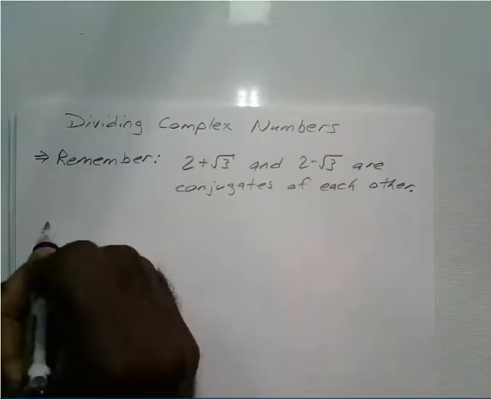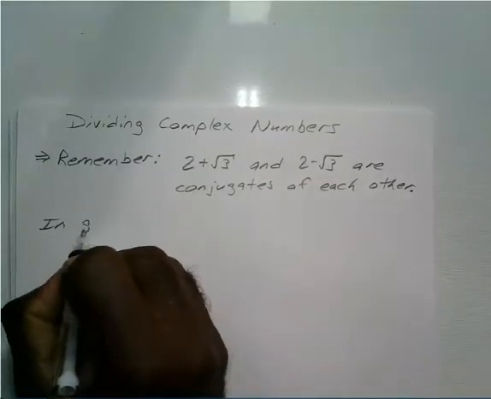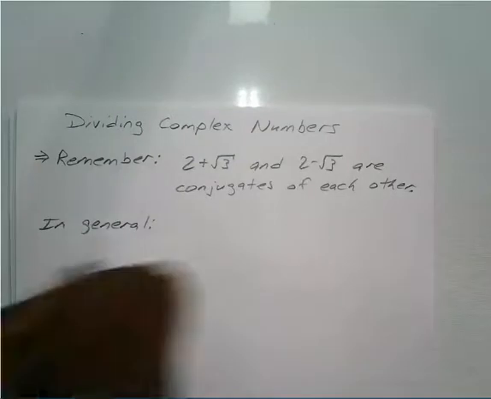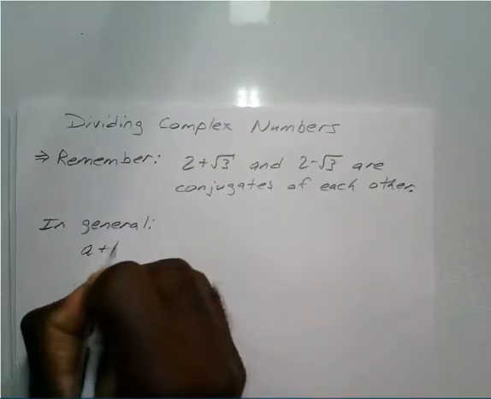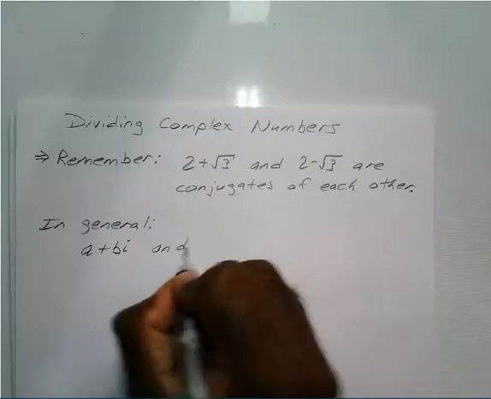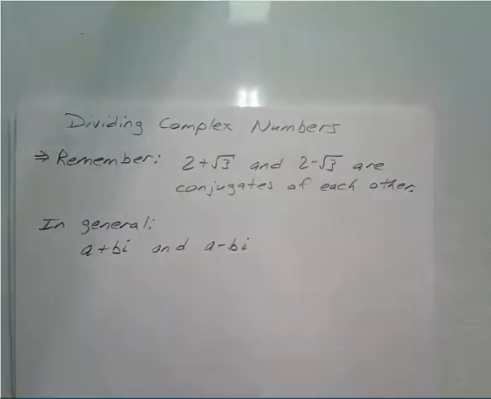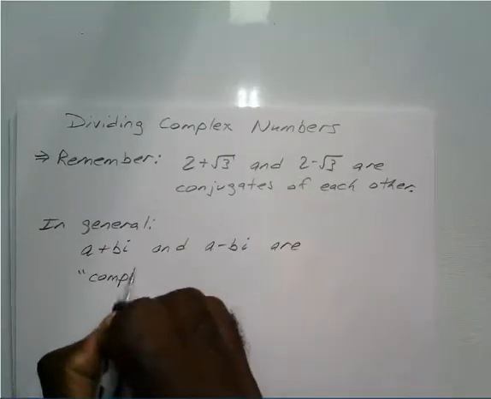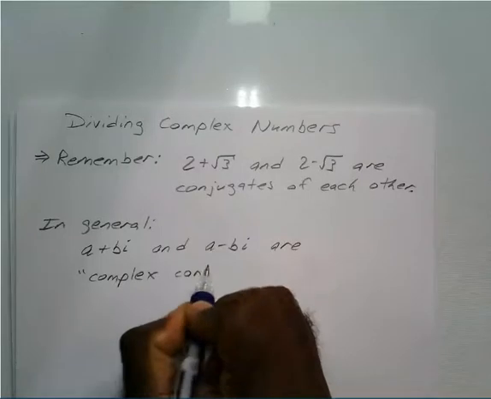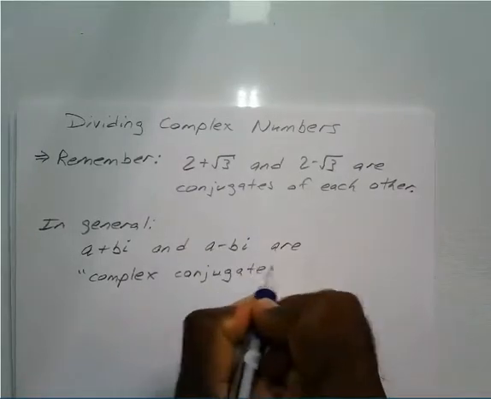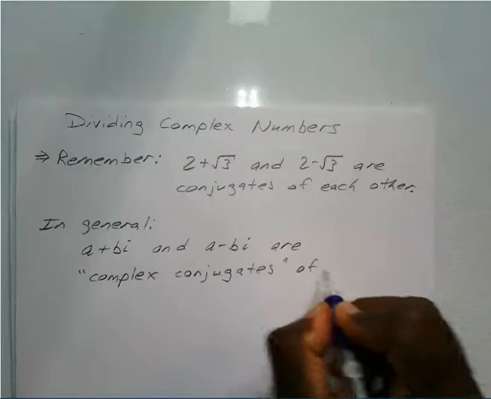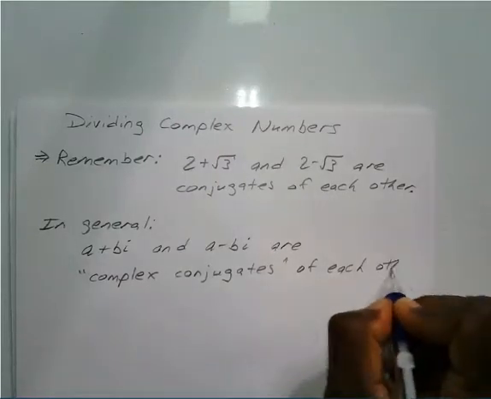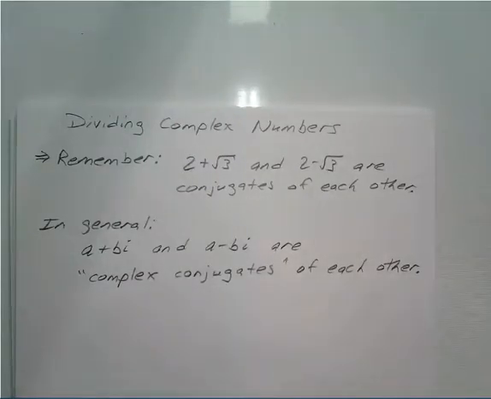Now with that in mind, in general, you have a plus bi and a minus bi. Those are what you call complex conjugates of each other. Same thing. You have your a and bi, they just differ by a sign.